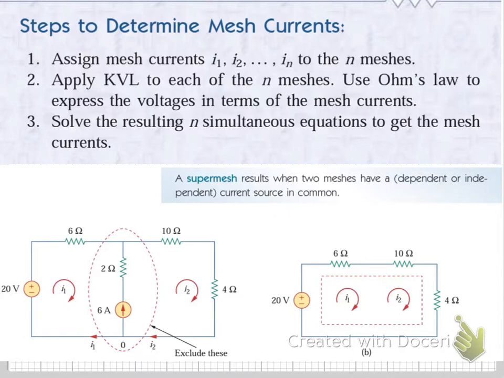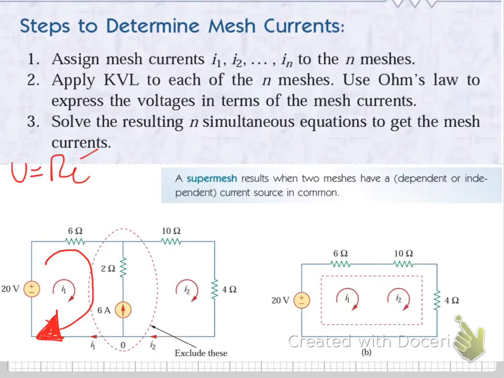The one thing that always bugs some people is that your direction is clockwise. This is something that you just accept. Your mesh currents are going to be clockwise. That's just the rule. And then you apply your KVL to each of the n meshes. So your KVL basically V is equal to Ri.